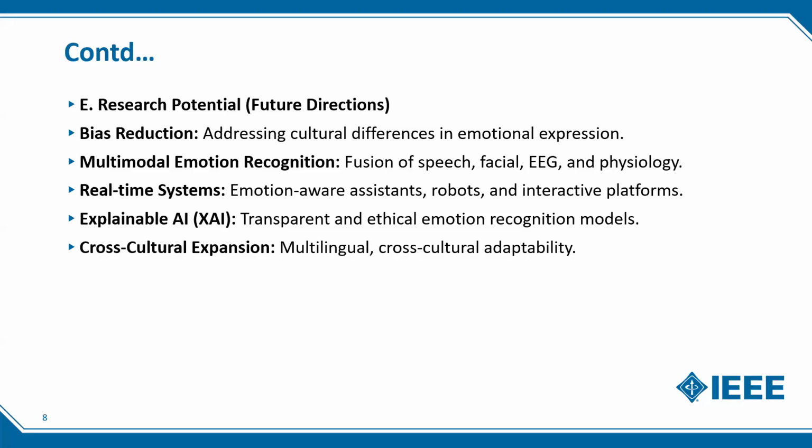So we need more systems which are transparent, because emotion recognition models require ethical clearance, and the AI system should be designed to make its decisions and predictions interpretable and understandable to human beings.